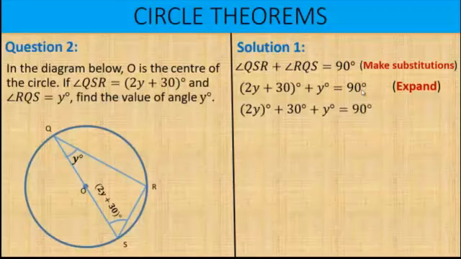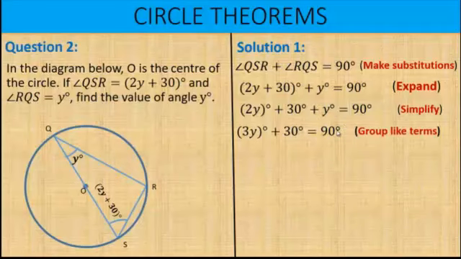And we expand so that we get 2y degrees plus 30 degrees plus y degrees equal to 90 degrees. And when we simplify this, 2y degrees plus y degrees would give us 3y degrees plus 30 degrees equal to 90 degrees.